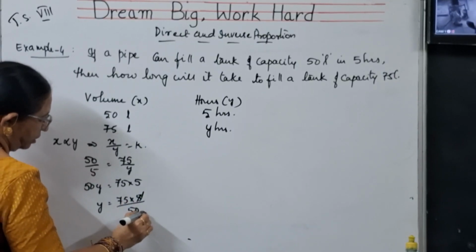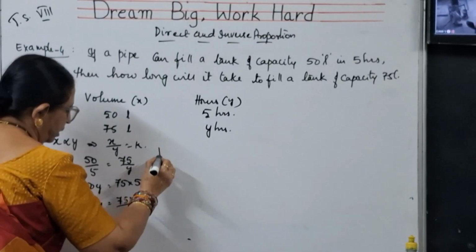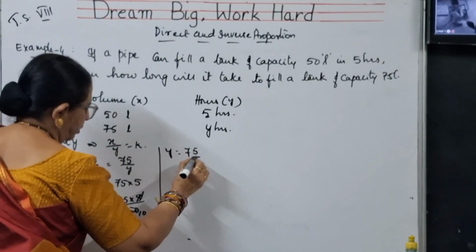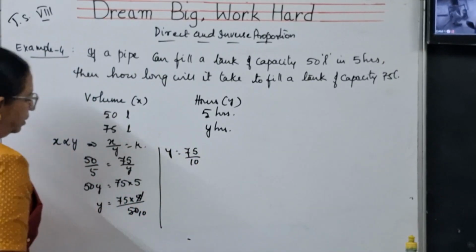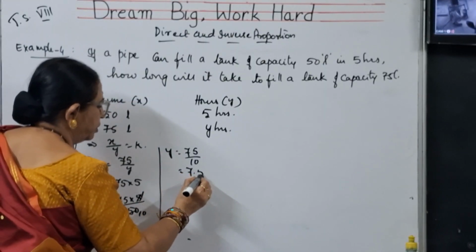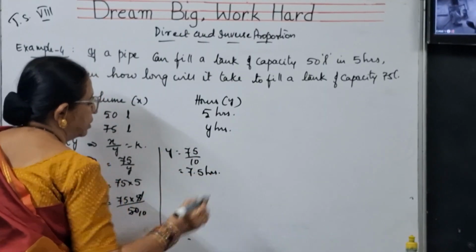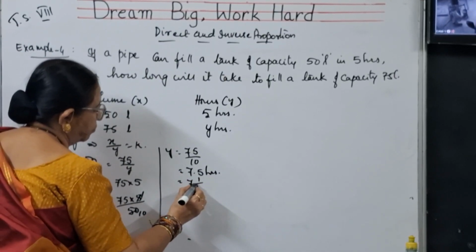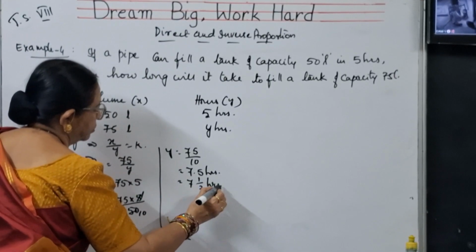5 ones are 5, 5 tens are 50. So we are getting the y value. y is equal to 75 by 10. 75 by 10 means 7.5 hours. 7.5 hours means what, children? 0.5 means half. 7.5 hours.